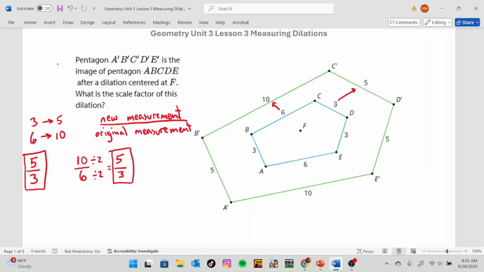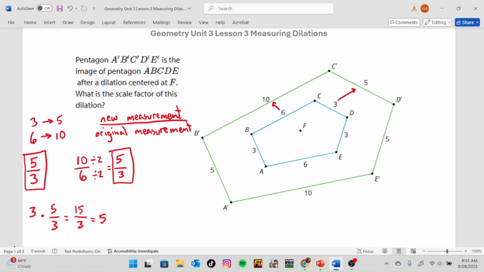Now, if you wanted to check that, we can try. What happens if I take 3 and I multiply it by 5/3? Well, 3 times 5 is 15. And 15 divided by 3 is 5. 3 became 5. And that's what we saw.